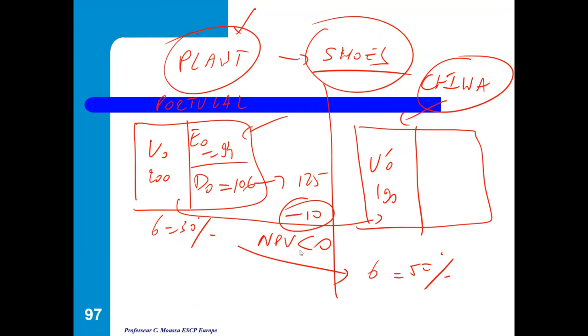Turning the project from Portugal to China is going to be a negative NPV project. So what do we do? We stop. If you look at the textbook, they say you are comparing two investments, Portugal and China, and China is not as good as Portugal.